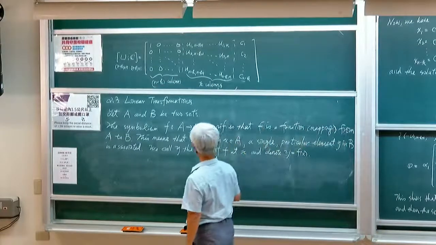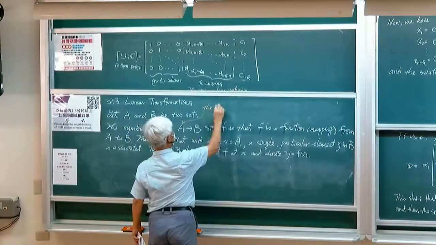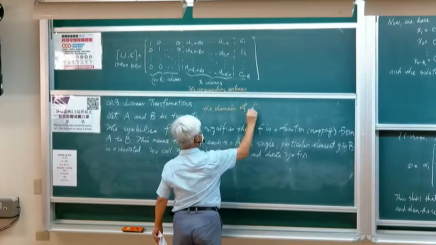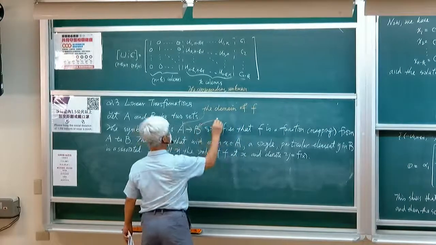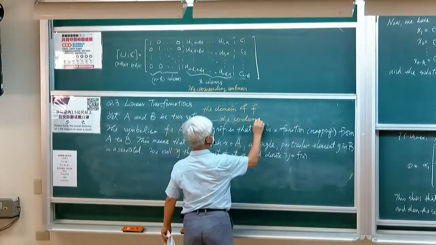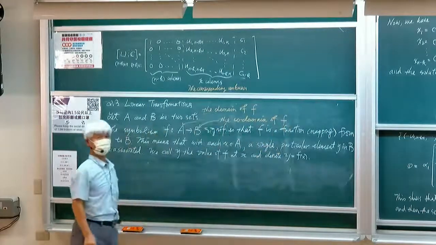For a function f, A is called the domain of the function f, and B is called the codomain of f.